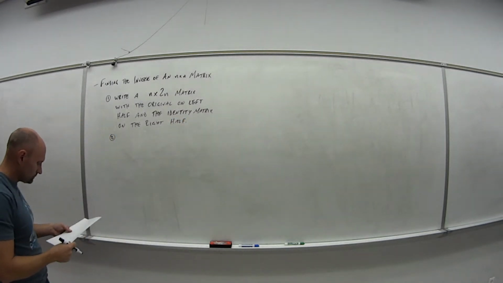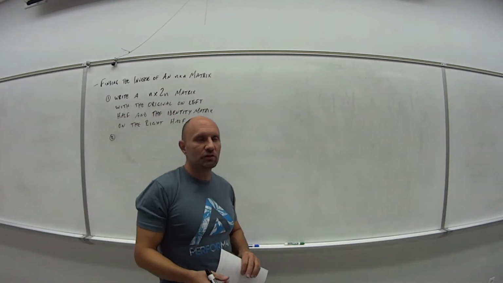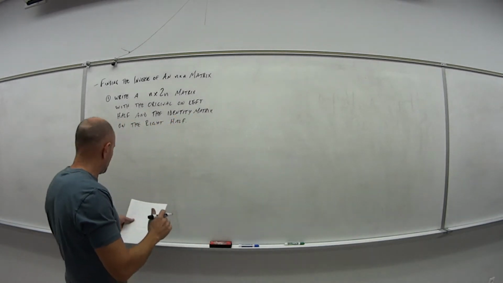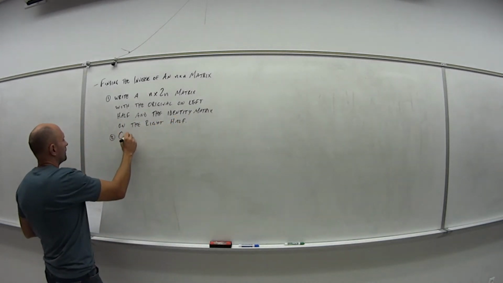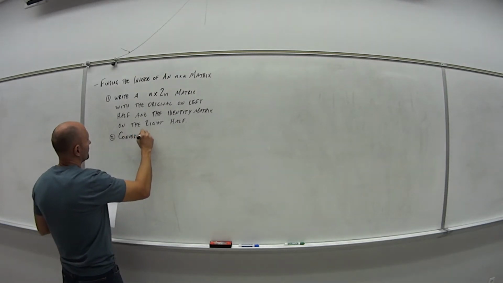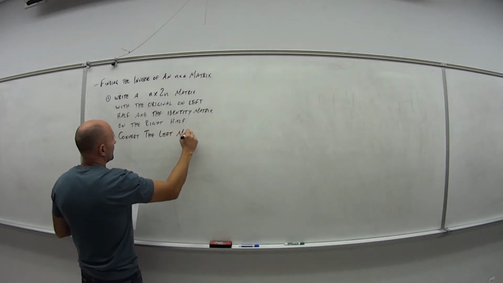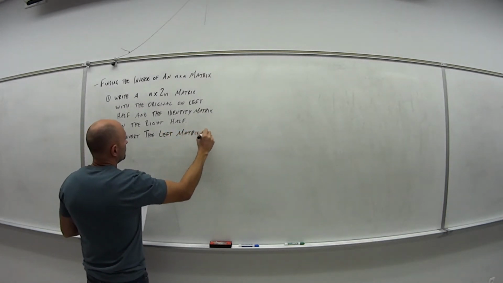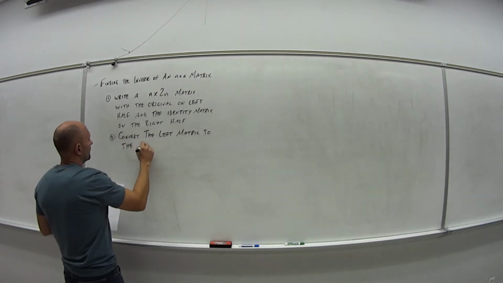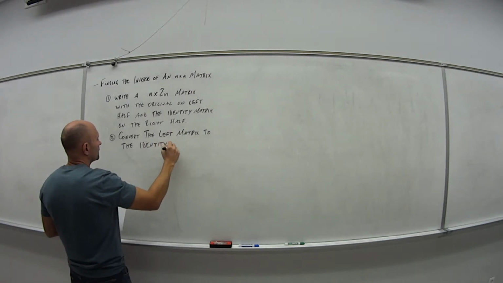Second, using my elementary row operations, well, some of them I should say, using row operations, I'm going to convert the left matrix to the identity matrix.